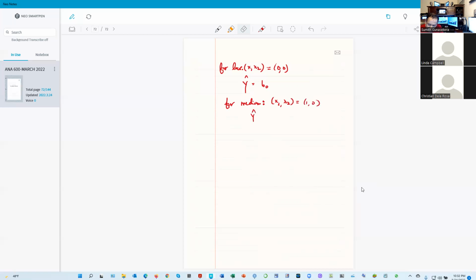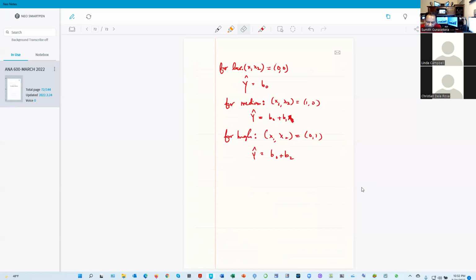Then you get y hat equals b naught plus b1. For high, x1, x2 is 0 and 1, y hat is nothing but b naught plus b2.